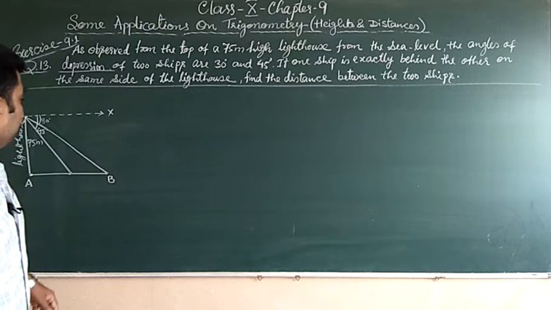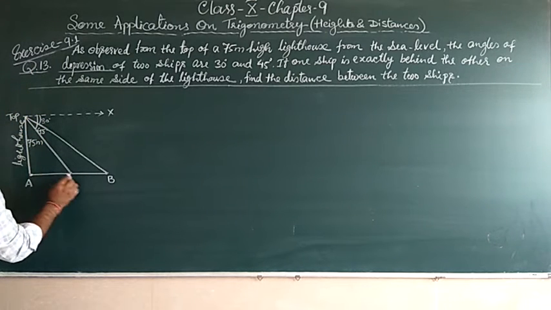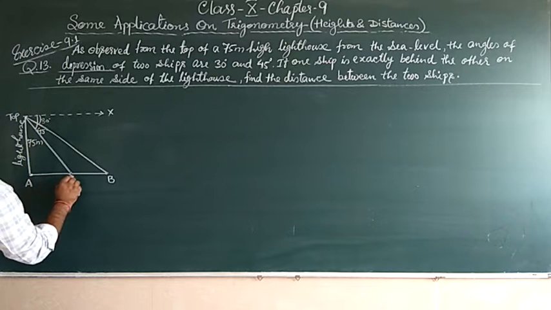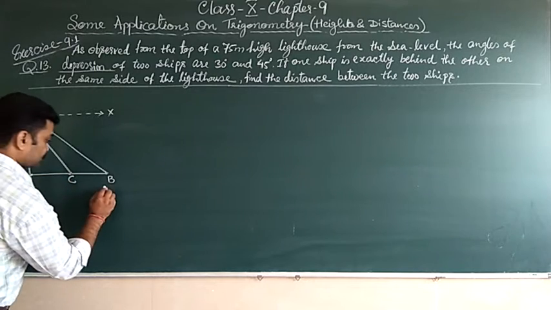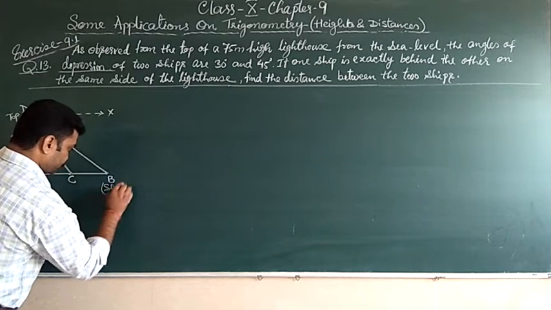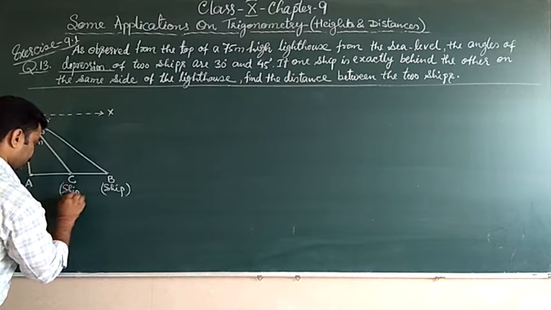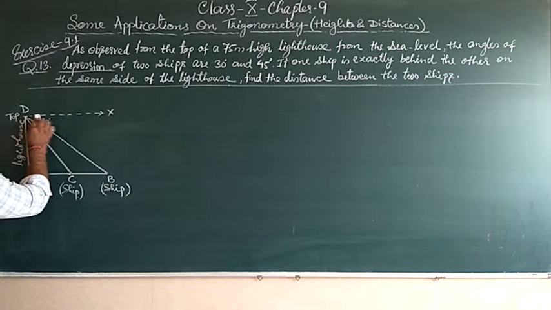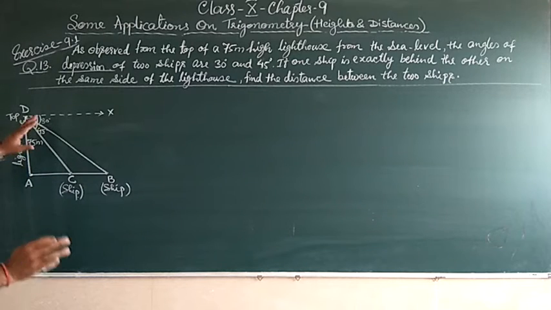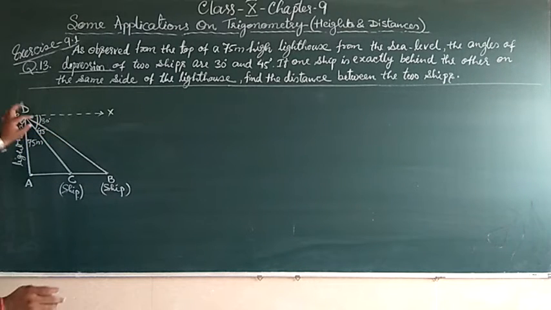Here, A, B, suppose it is C, it is D. AD is the height of the lighthouse, AB is the sea level, and B and C are the two ships. It is also a ship. And this is the baseline or horizontal line, we can say. With this baseline, two angles of depression are drawn. One is 30 degree and one is 45 degree.